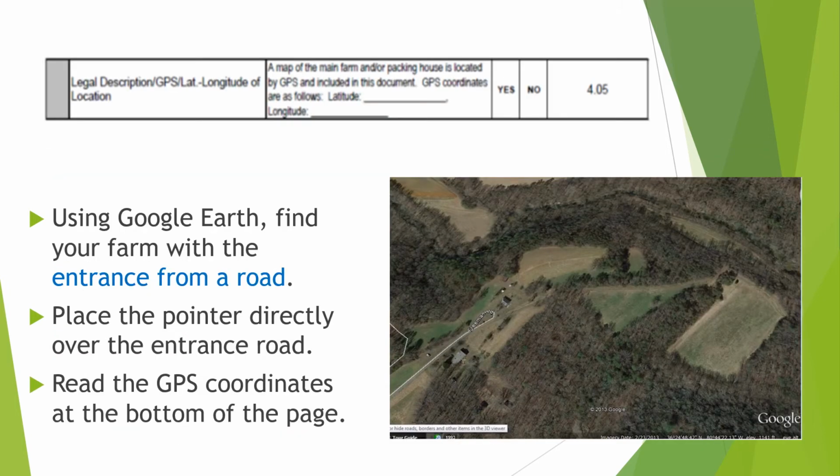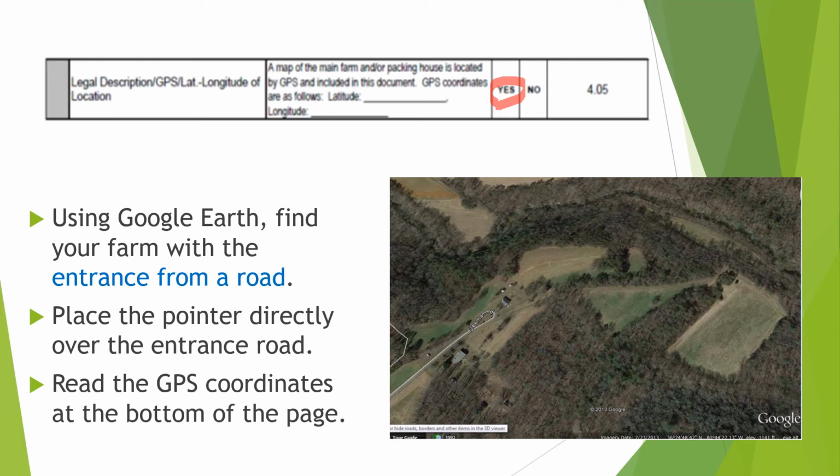On this written response template, you will note on the left the legal description, GPS, latitude, and longitude of the location of the farm as asked. Have you provided that? Yes. Then you write your response in the middle. A map of the main farm and or packing house is located by GPS and included in this document.